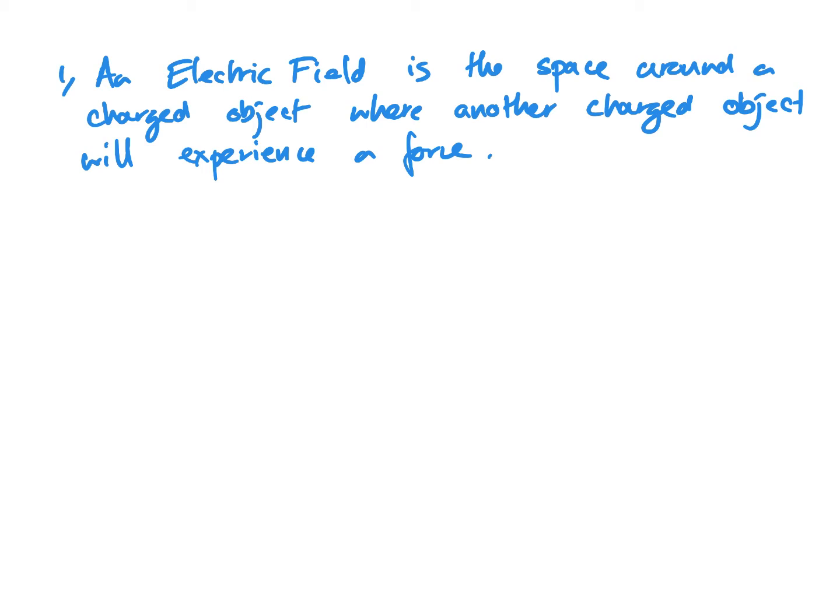So, for example, it might be around a charged particle, or it might be between charged metal plates. We'll look at that in the next part, so we'll look at those standard diagrams.